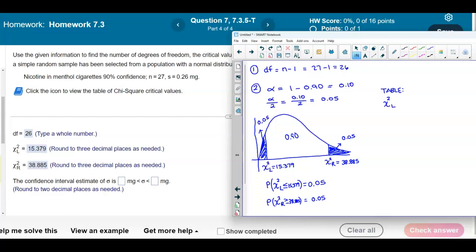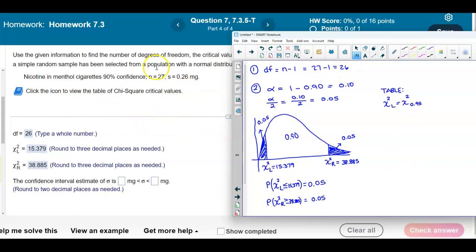So if we look at the area to the right of the chi-squared left critical value, it's 0.90 plus 0.05. So that means that we're looking for the area that represents 0.95, and then the degrees of freedom is 26.